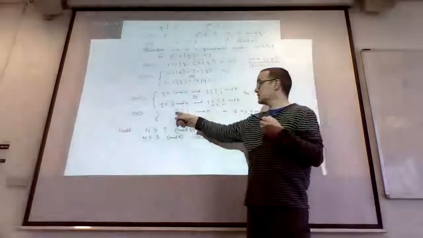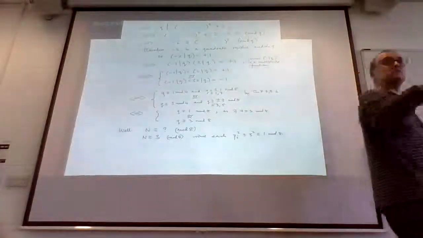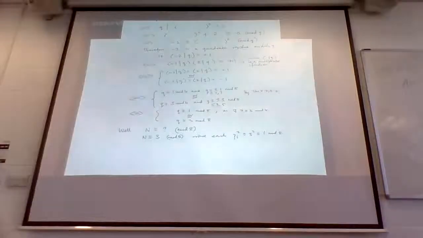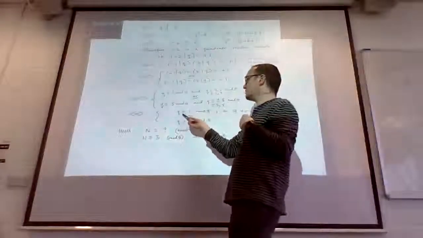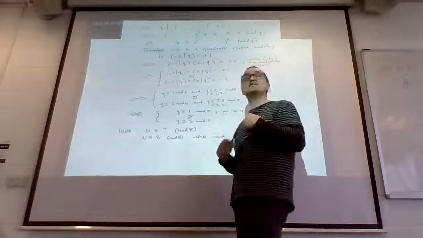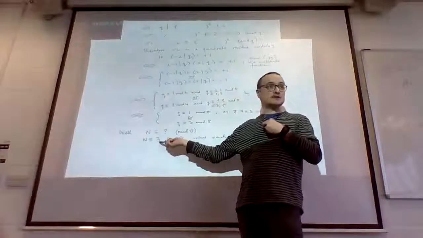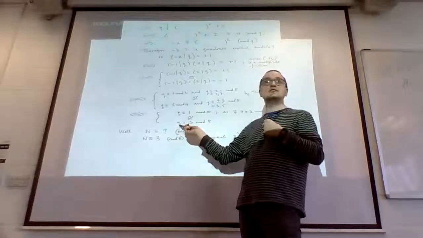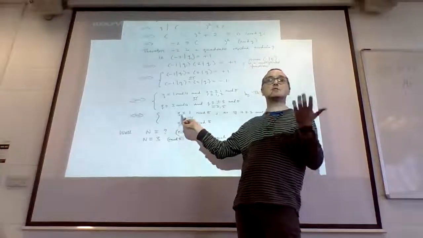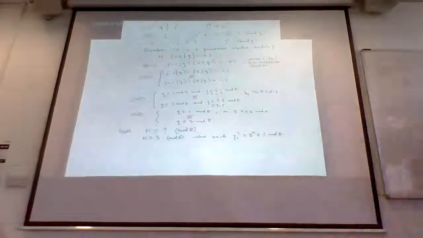Because n would be a product of all of these q's, sometimes with repetitions, perhaps, if the q divided it with multiplicity. But n would be a big product of a load of prime numbers that were all congruent to 1 mod 8, so n would be congruent to 1 mod 8. But it isn't. It's congruent to 3 mod 8. So it must be that there's at least one of these cases. Because otherwise, n couldn't be congruent to 3 mod 8.